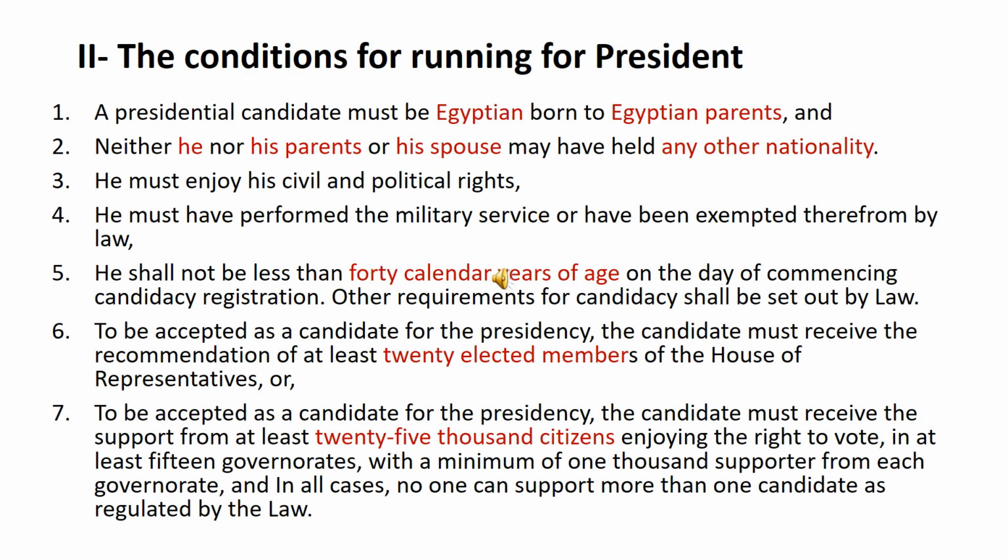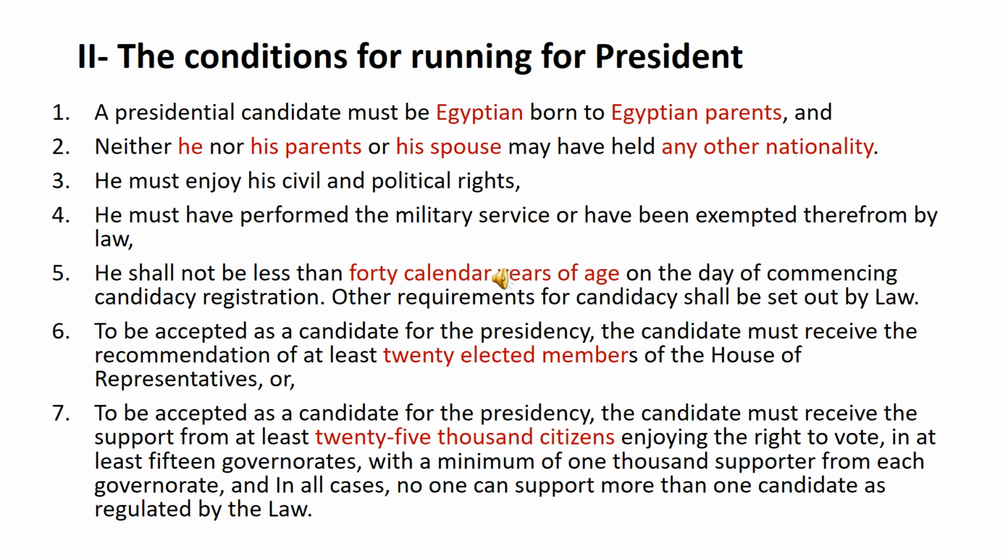So what are the conditions required for running for presidency? Number one, a presidential candidate must be Egyptian, born to Egyptian parents. So this is a very important condition. Not only must he be Egyptian, but his parents should also be Egyptians.